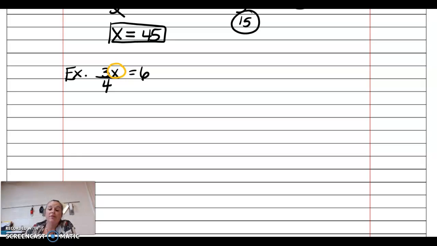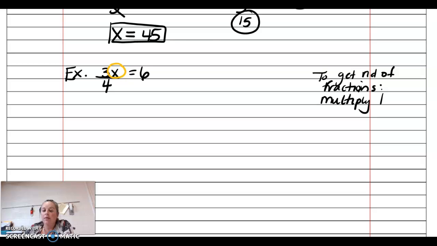So in order to get rid of fractions, what we do is multiply by what we call the reciprocal, which is really just the flip of the fraction.